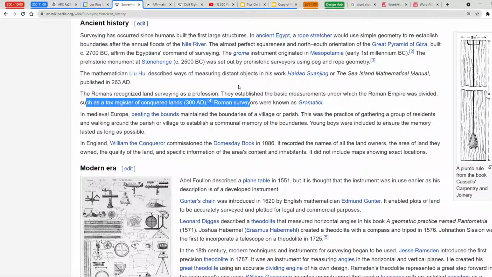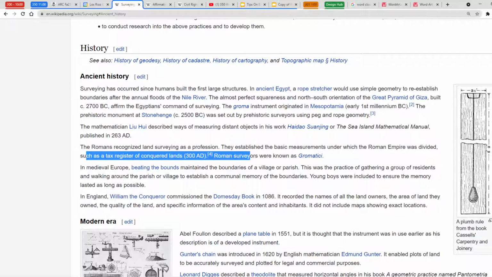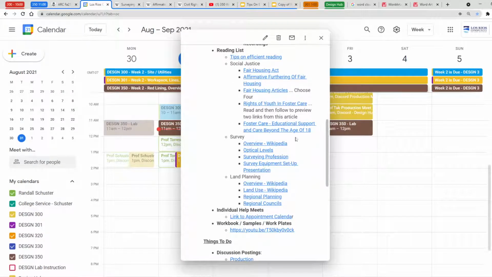So land planning has always been about who gets to do what on what piece of property. Okay? And so that's important for us to know.